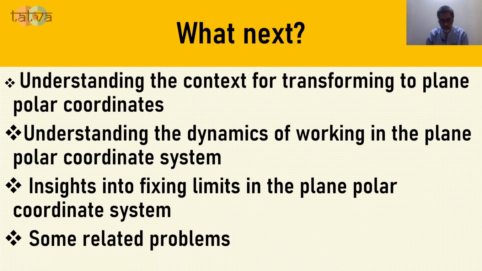And then we will see some related problems. So the next detailed lecture is going to tell you everything about how to handle the plane polar coordinate system by converting a Cartesian double integral, which is not favorable for direct integration, but much easier in the polar coordinate system. So we'll be looking to meet at that particular lecture.